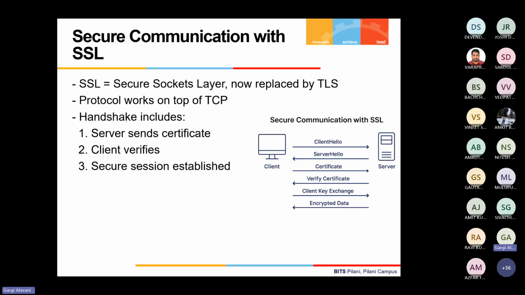Hence, whenever you are transmitting sensitive information, specifically passwords, personal data, and financial transactions, we have to ensure that our communication is private, at the same time trustworthy, and encrypted. Now that's where SSL or its current successor TLS comes into the picture. So what is SSL?